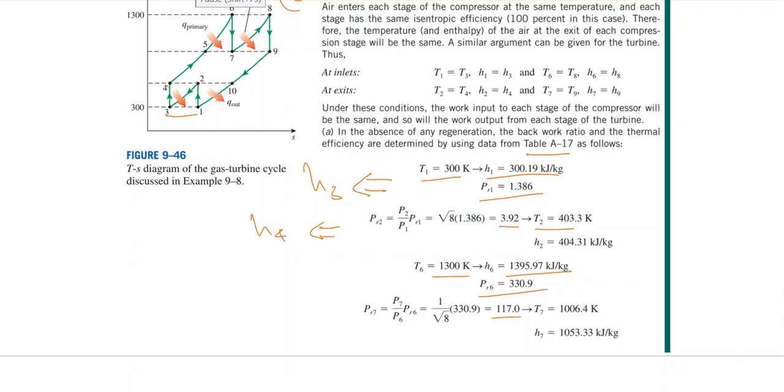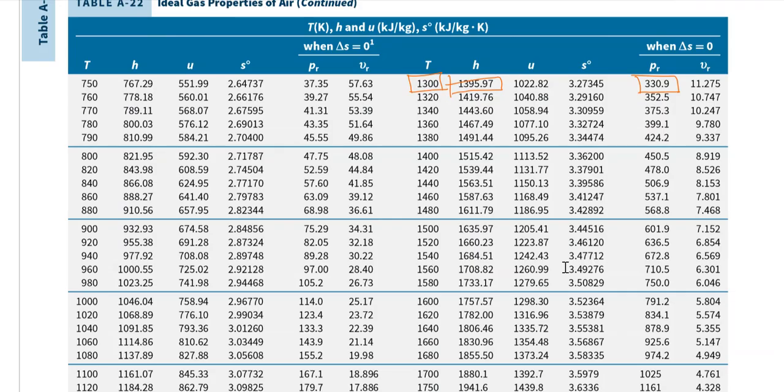Now back to the A table using the pressure ratio of 117.7, let me find the temperature and enthalpy. Again, we do not have the perfect pressure ratio. Our value is somewhere between 114 and 123, so the temperature is between 1000 and 1020. I'm assuming that would be somewhere around 1010, and the enthalpy is somewhere between them.